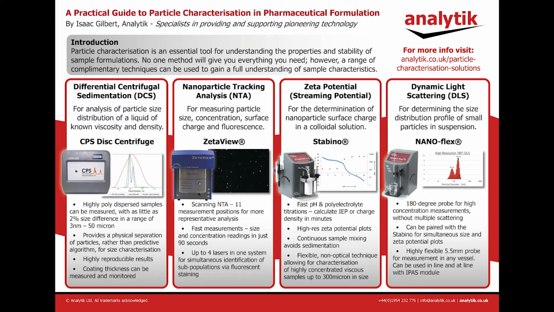The CPS disk centrifuge allows the measurement of highly polydispersed particles within an approximate size range of 3 nanometers to 60 micron, depending on the particle density. The CPS can measure particles with as little as 2% size difference from one another. Rather than rely on a predictive algorithm, the CPS physically separates particles and measures them as they pass a light source detector, for 2 to 10 times higher resolution than any other particle sizing instrument.